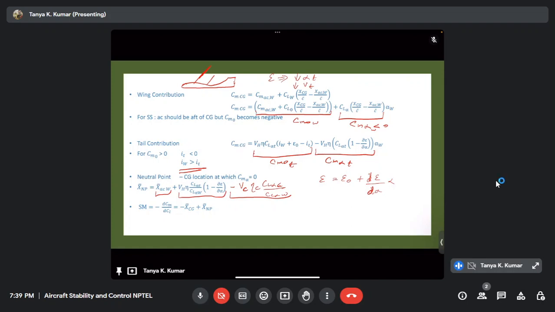So for a statically stable aircraft, will the static margin be positive, negative, zero? What will your static margin be?